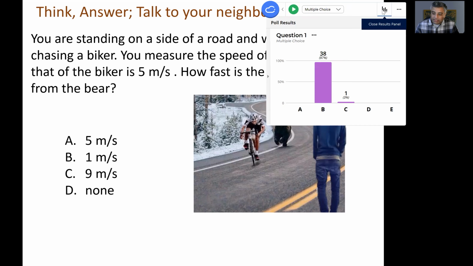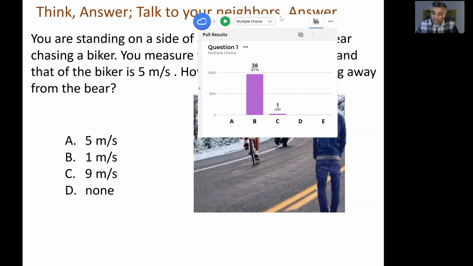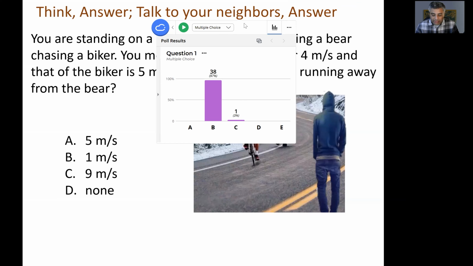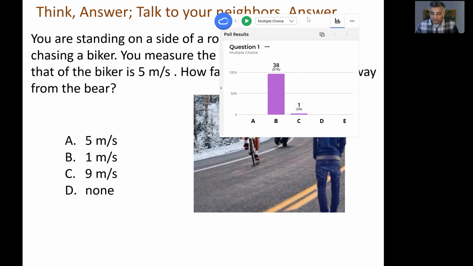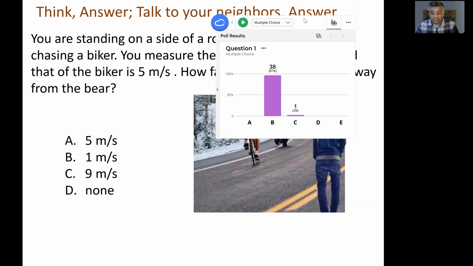Let's see what happens here. So I see mostly B here. Can somebody help me understand why B is the correct answer?